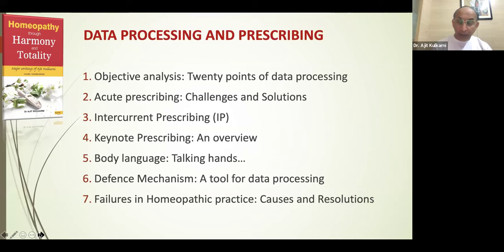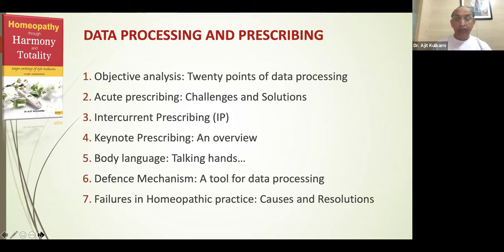Although there are huge limitations also in making homeopathy just like a materialistic protocol following science and art, it is possible to develop something at the level of the totality so that our science and art is accepted at a wider level of scientific community. And we do not lose sight of the data as far as the processing part of the data is concerned. So with this purpose of standardization, these 20 points of data processing have been developed by me.